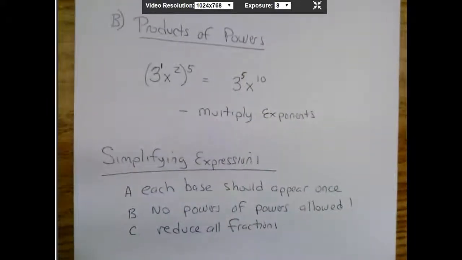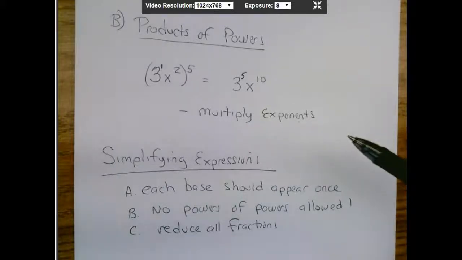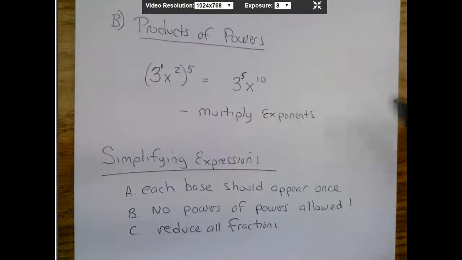And there's really 3 things we need to know when we're doing that. When we simplify an expression that has multiple numbers and constants and x's and y's, we're going to follow 3 rules. And they're going to be each base should appear once.